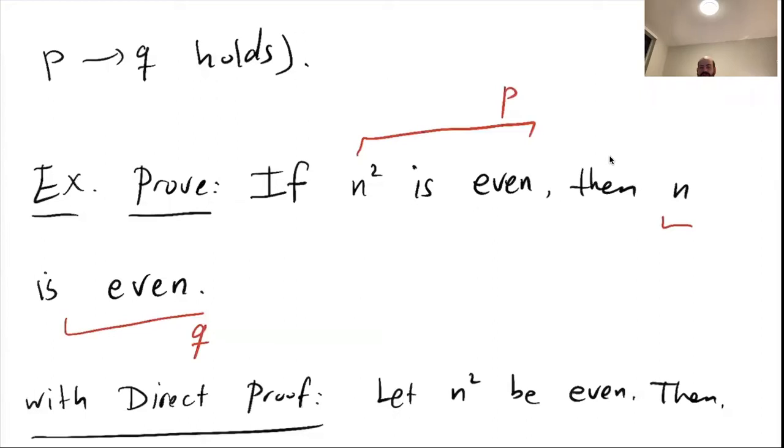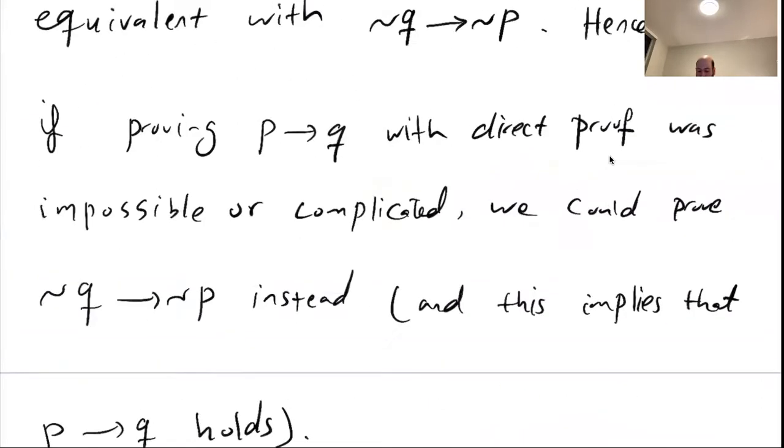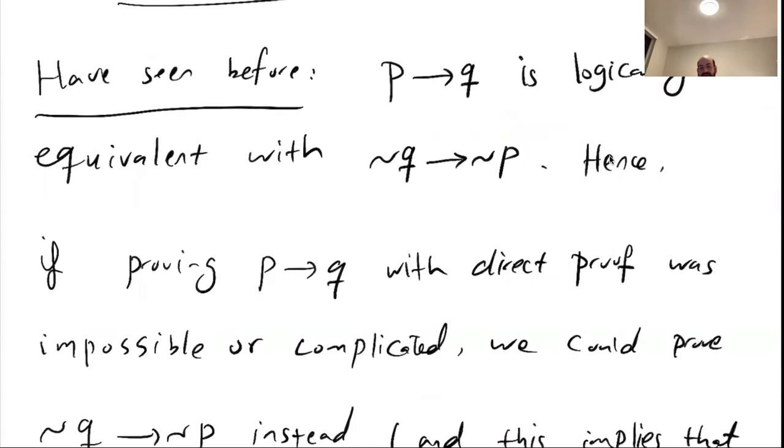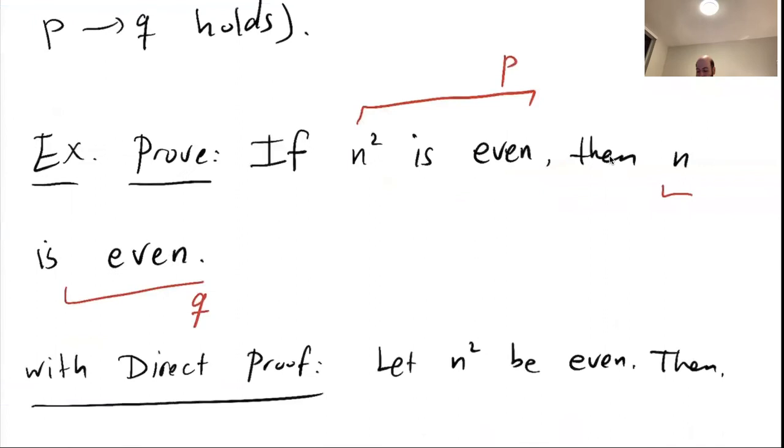So if P, then Q. Now contraposition would be, if negation Q, then negation P. So negation Q means what? Q is n is even. So negation Q means if n is not even, then negation P. Negation P means n squared is not even.